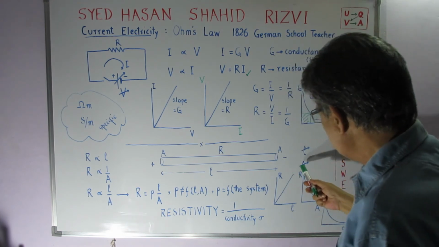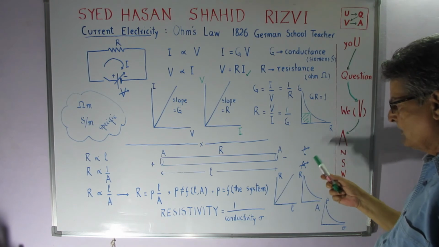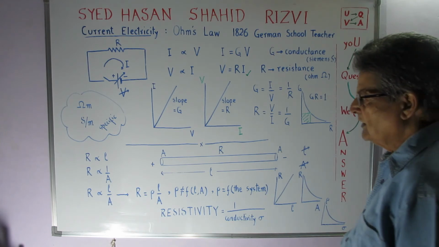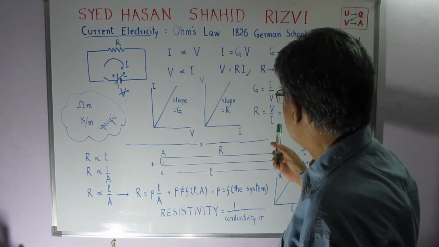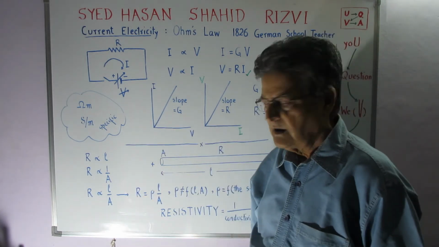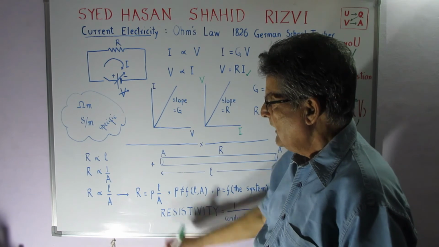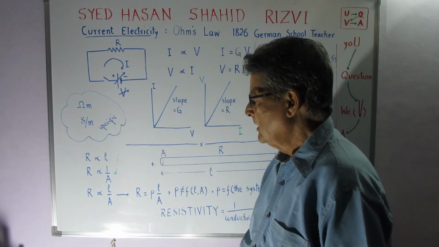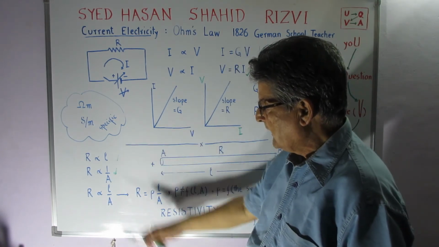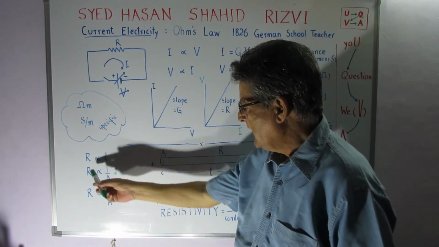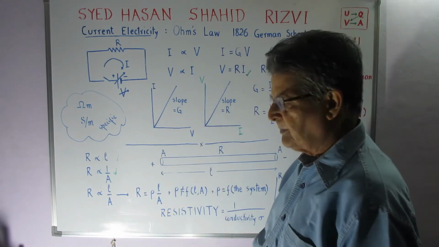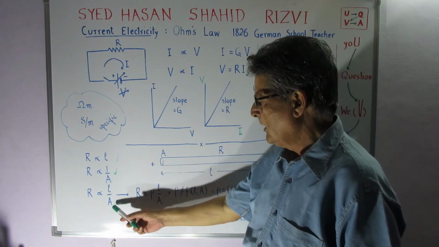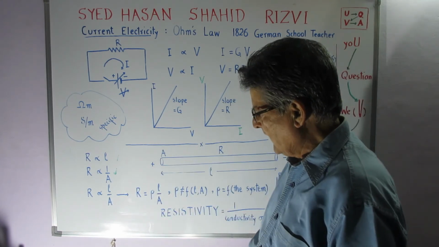He also changed the area of cross section of the conductor, made them variables one by one, and then he found that the value of R that I obtained by V upon I is proportional to L and is also proportional to 1 upon A. So there are two variables L and A, and R is proportional to L, R is proportional to 1 upon A. So for mathematical consistency, as I told you in the multiple variable system, R is proportional to L upon A.